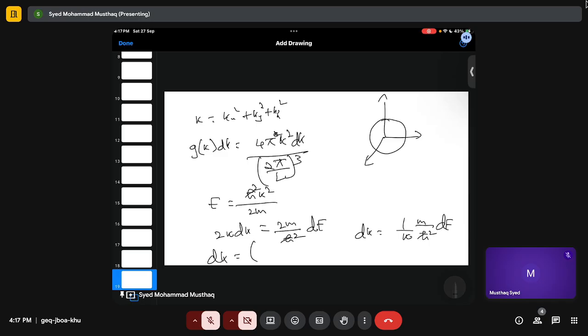If I write everything in terms of E, then (2m by h cut square) to the power half, E power minus 1 by 2.